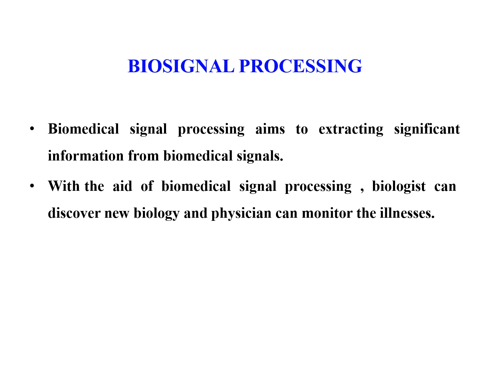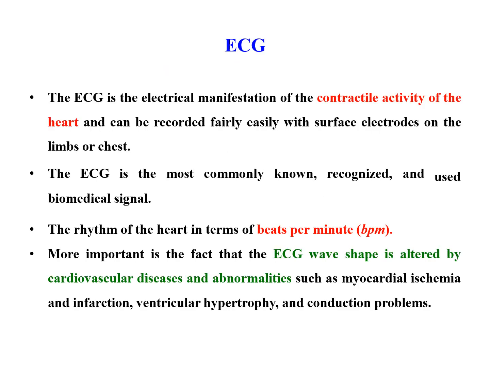Electrical signals are measured and monitored using biosignal processing methods. First one is ECG, electrocardiogram. Electrocardiogram is the manifestation of the contractile activity of the heart and can be recorded fairly easily with surface electrodes on the limbs or chest.